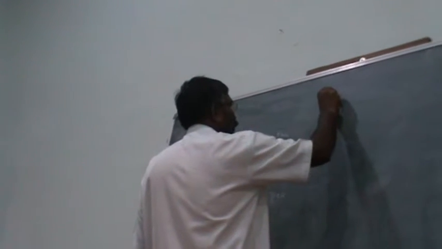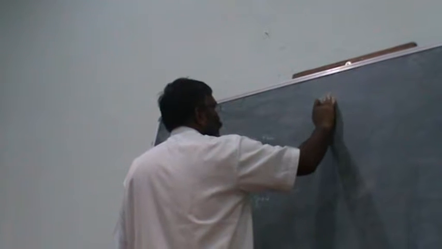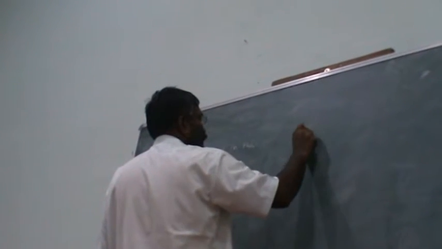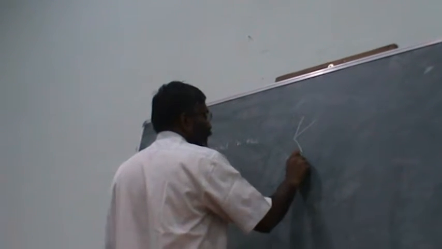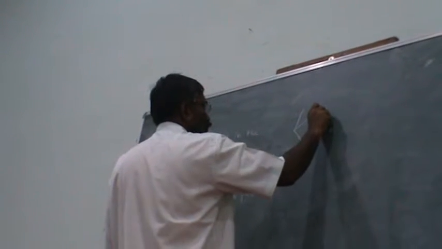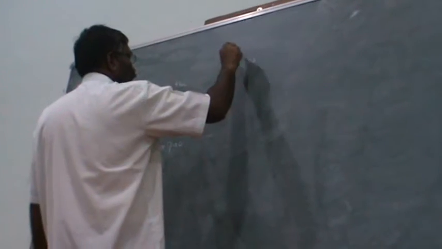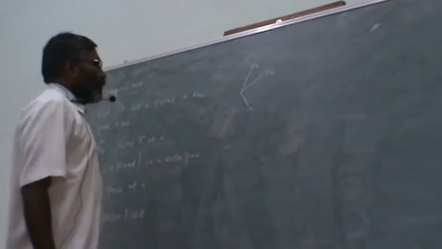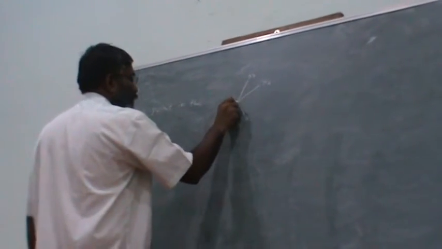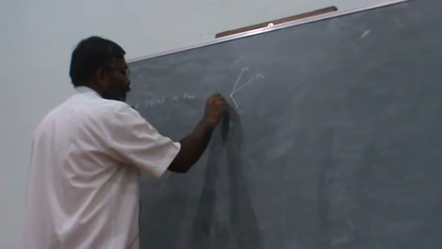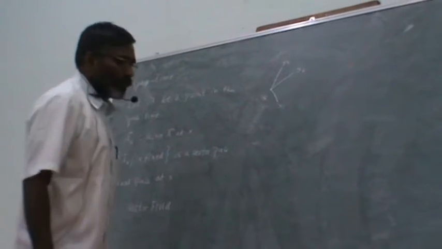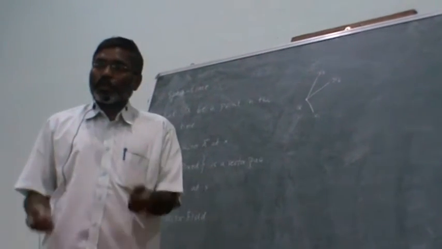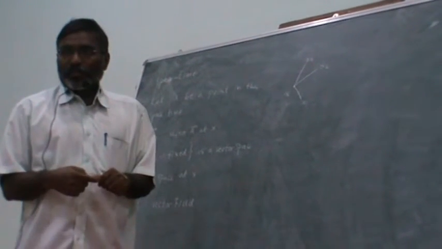Let us imagine 3 dimensions to start with. Let's say I can write a coordinate system, so let's say this is x1 and this is x2 and this is x3, at this point x. Now I can choose a coordinate basis.